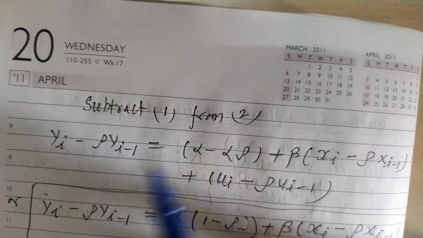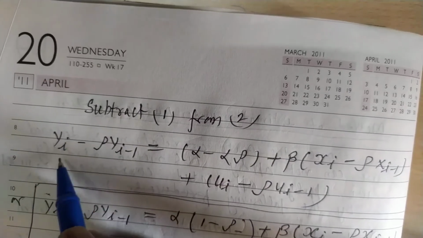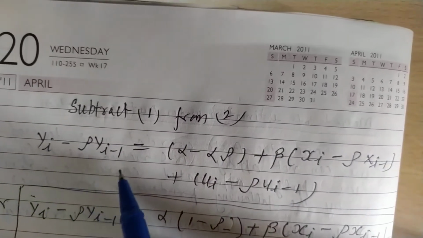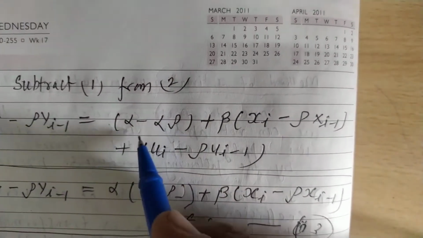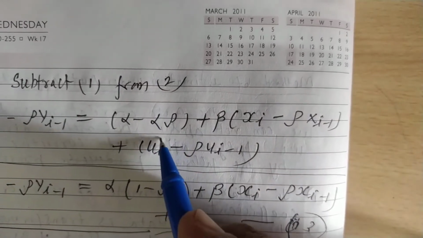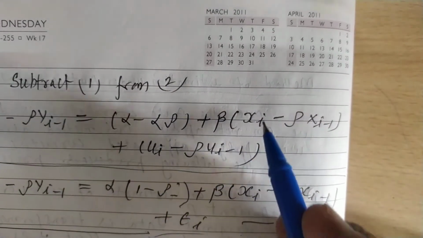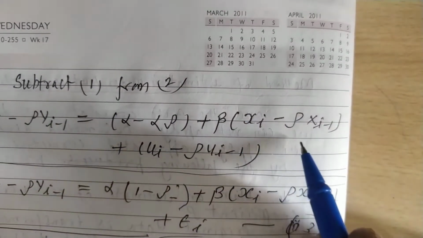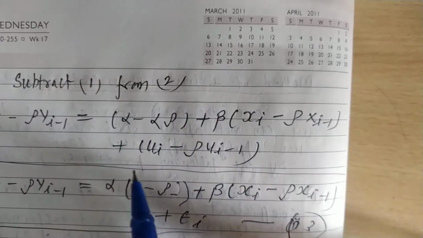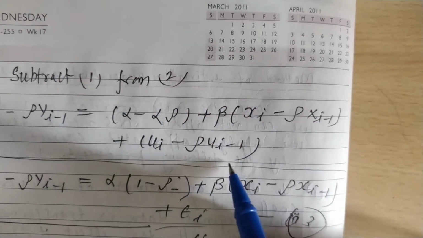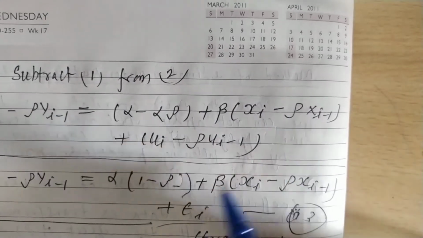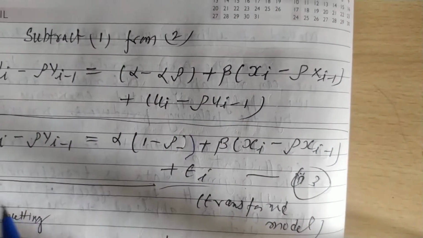Subtract equation 2 from the original equation 1, and we get yi - rho y(i-1) = alpha - alpha rho + beta (xi - rho x(i-1)) + ui - rho u(i-1).